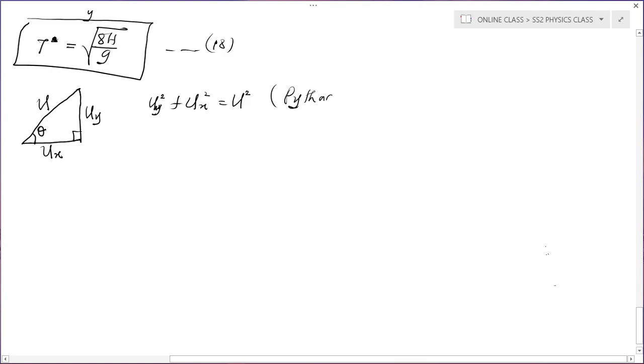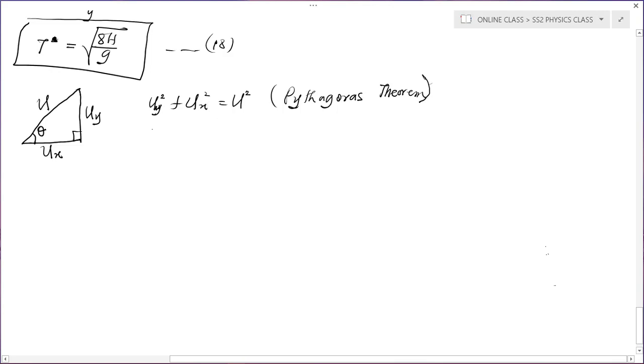At times they will give you ux and uy. They will ask you to go and calculate the u itself. If that's the case, just use Pythagoras theorem, you get your answer.